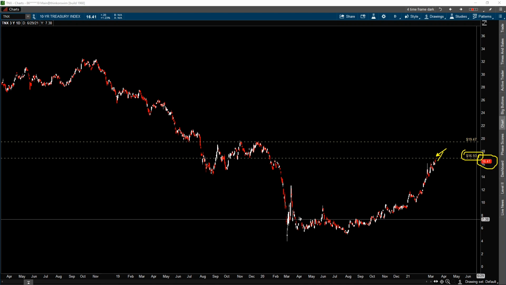So if this thing moves through, we could see 1.94, 1.95, close to 2.0, and 2% on the 10-year yield. That wouldn't be too surprising. But again, putting it in proper perspective, by historical standards, that is still very low. Although a lot of people say, oh, it's the pace that it came up, that's what scared people and all this other stuff.